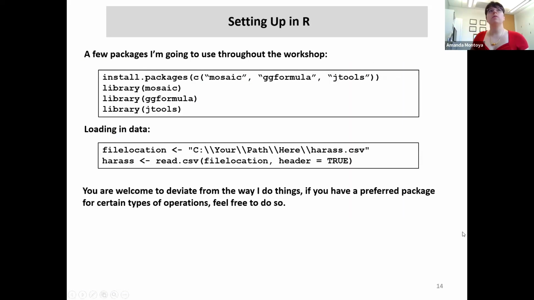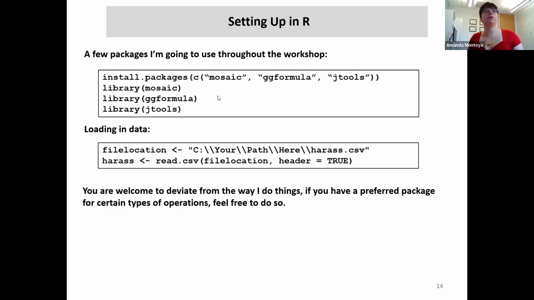Okay, just a couple notes for our R users. For the purposes of this workshop, I try to use as few packages as possible, because I know that when we use packages, there are updates and sometimes you have to install the package. But for making nice summary tables and graphs, I use three packages: mosaic, ggformula, and jtools.